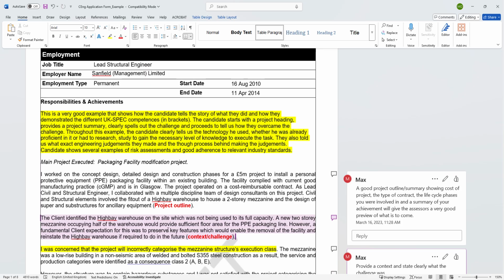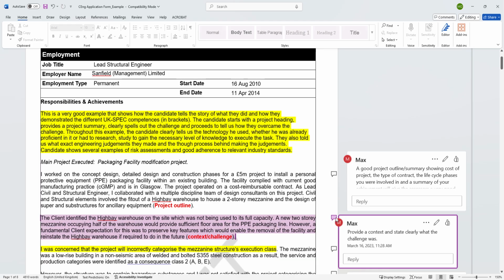However, a fundamental client expectation for this was to preserve key features which would enable the removal of the facility and reinstate the high bay warehouse if required to do so in the future. So we know exactly what the context and the challenge was. Okay. So that's the comment we provided. So as you prepare your report, make sure you have that paragraph that tells us exactly what the challenge was.